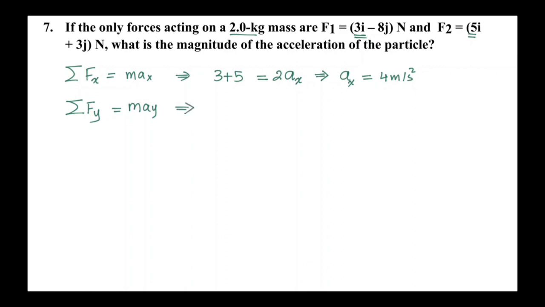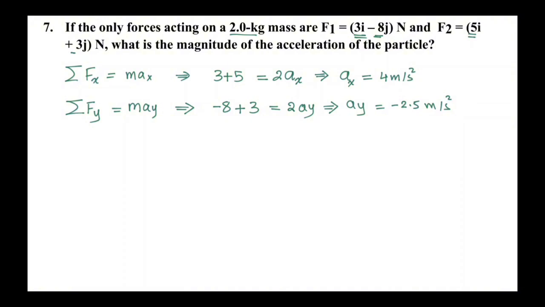Let's see here. The Y component for F1 is minus 8, and the Y component for F2 is 3. So minus 8 plus 3 equal to 2, the mass of the object, times ay. You simplify this one here, ay will be equal to minus 2.5 meter per second square.